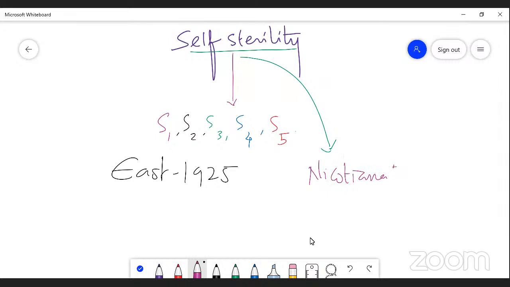I repeat once again: self-sterility is caused by a series of allelic forms of the gene, S1, S2, S3, S4, and S5. It was first reported by East in 1925, in the organism Nicotiana tabacum, a tobacco variety.